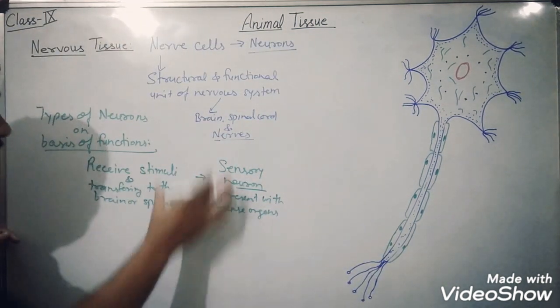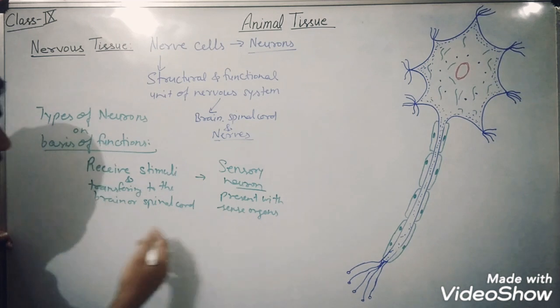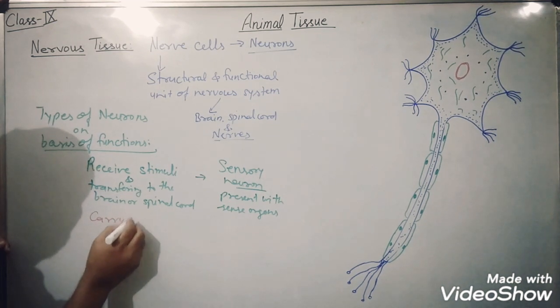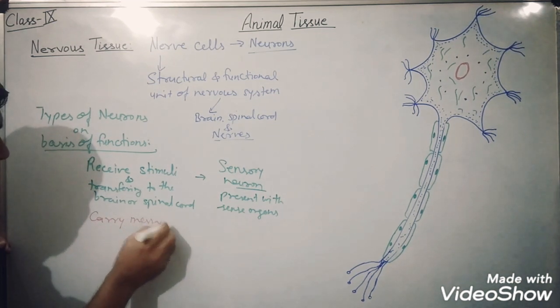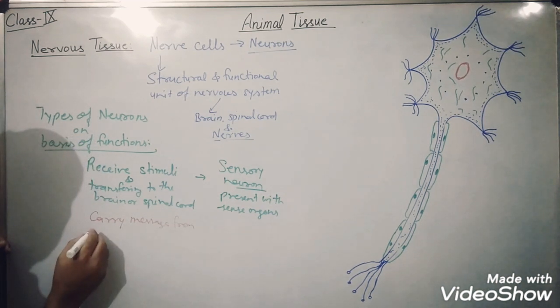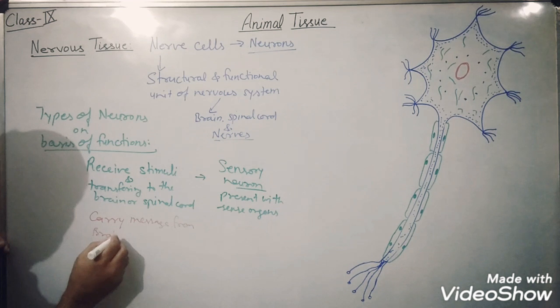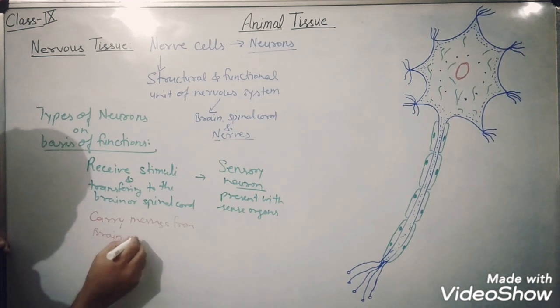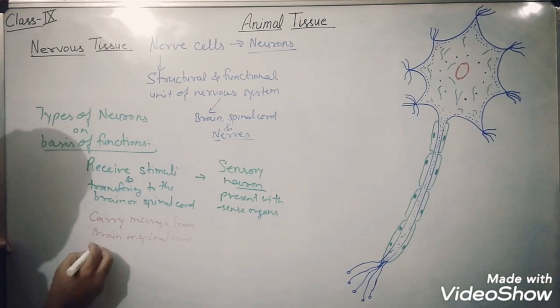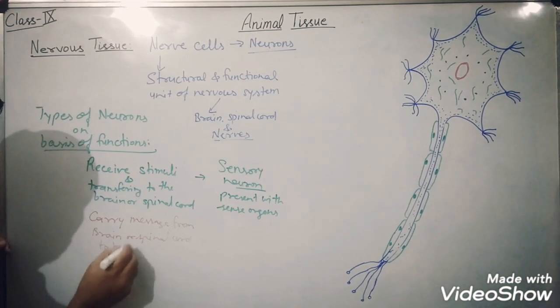So the next type of nerves, what are they doing? Some of the nerves are going to carry messages from the brain or spinal cord to body parts.